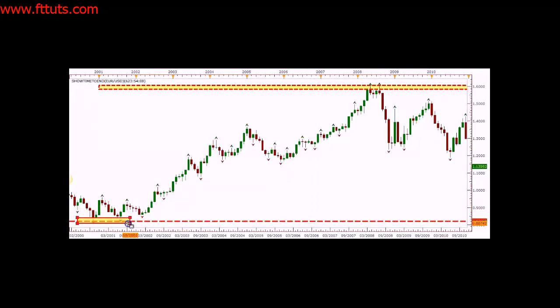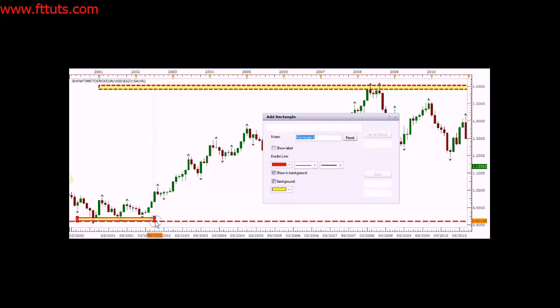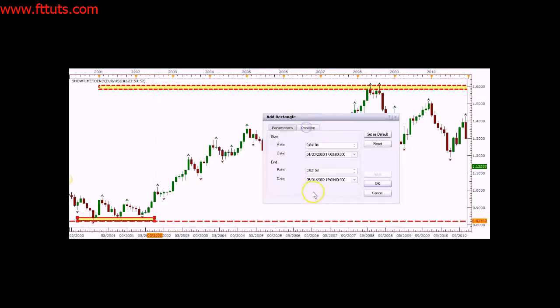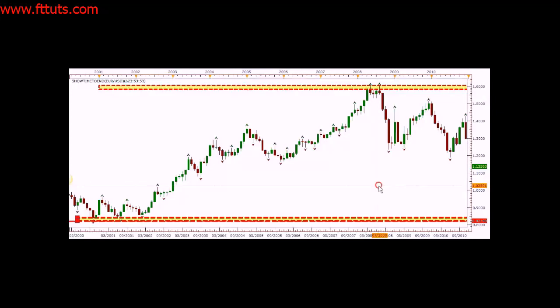So if this is the zone and it's a monthly, we put that on the chart, and we go like this. We'll extend it, and we'll say OK.